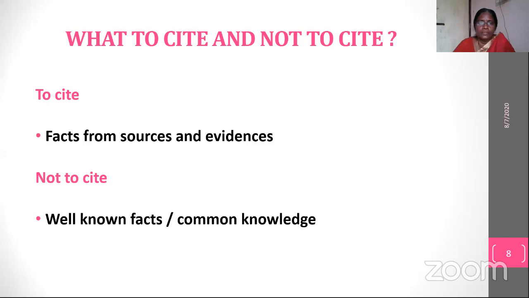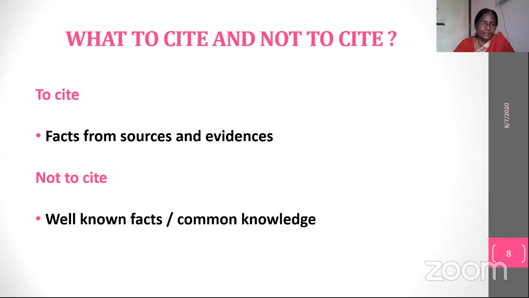Suppose it is unfamiliar, it is rare. In those cases, we have to refer to references. So we have to consider two things here. If there is an unknown fact, automatically there must be some reference parallelly.